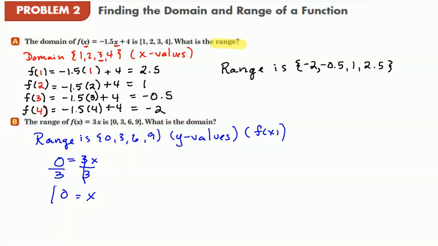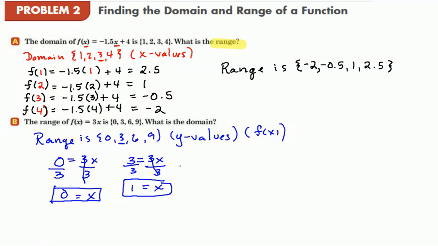So there's our first answer. The next one is going to be 3. We're going to plug in 3 for f of x, which is our y value. So we're going to say 3 equals 3 times x. Divide both sides by 3, and x equals 1.